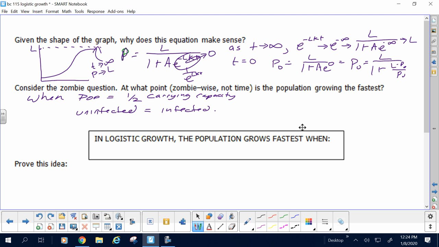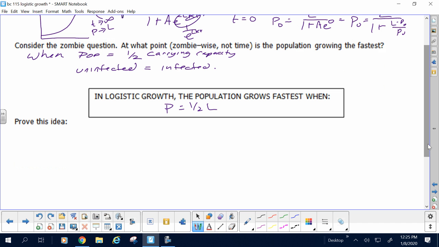So in logistic growth, the population grows fastest when the population equals 1/2 of L. Let's prove it. Seems logical on the surface, but let's prove it. So how would we prove a maximum growth rate? Second derivative, yeah, the maximum growth rate is the max of dP/dt, yeah?